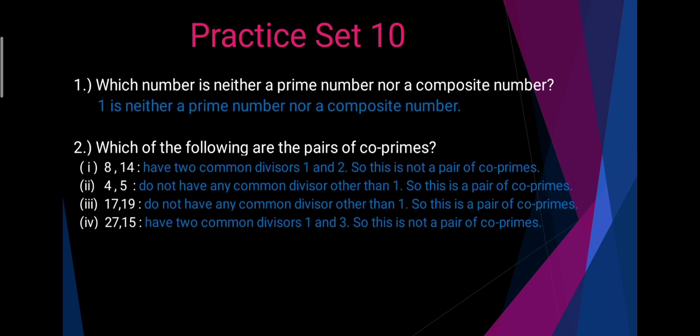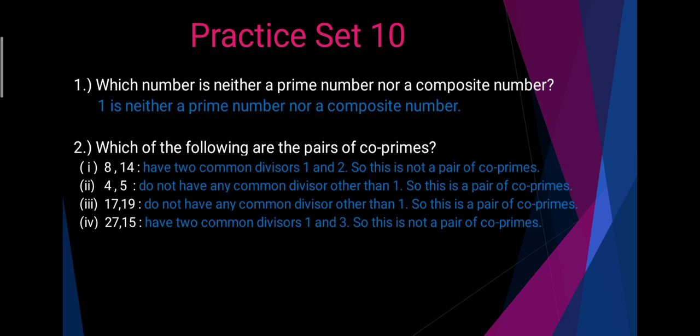The second one: which of the following are the pairs of co-prime? First one, 8 and 14 have two common divisors, 1 and 2. So this is not a pair of co-prime. Next one, 4 and 5 do not have any common divisor other than 1.